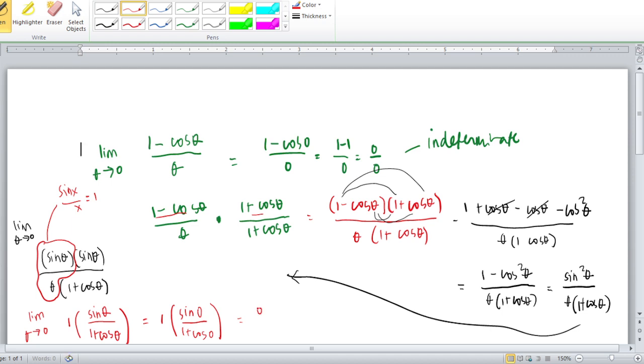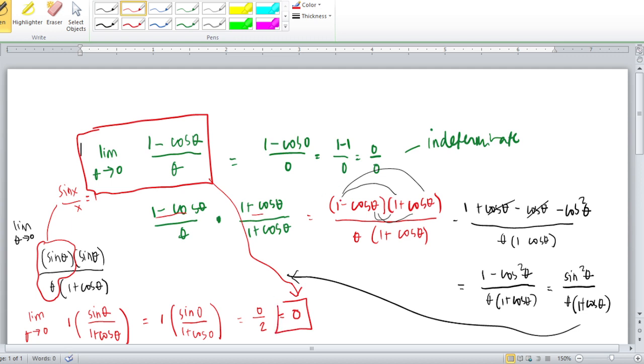Okay? How about cosine 0? Cosine 0 is 1. Plus 1, that would be 2. So, ilan nga yung 0 over 2? 0 over 2 is equivalent to 0. Do you follow? So, therefore, the limit of 1 minus cosine theta over theta as theta approaches 0 is equal to 0. Okay, so that is our answer in that situation. Okay?